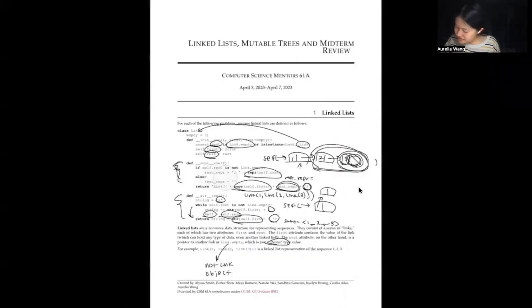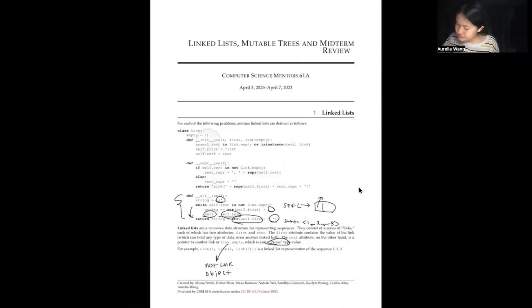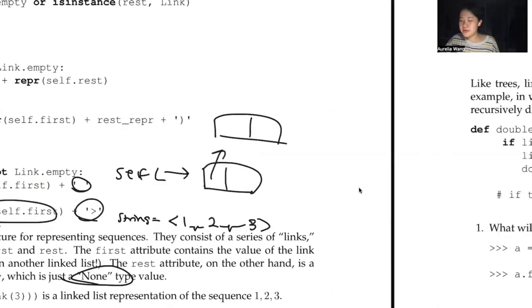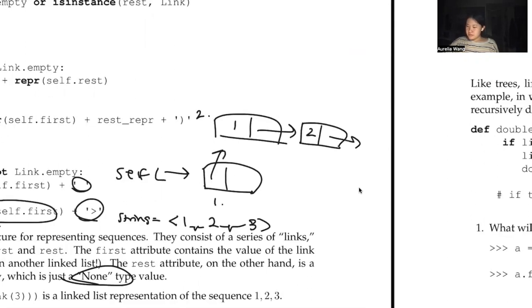Drawing it in a representation way. Let me clean this up. The .first attribute is going to have another linked list. So this is link object 1, and then inside of that is going to be another linked list, as we denote link object 2 with 1. And then it's going to point to yet another linked list 2, linked list 3, and then there's nothing left.